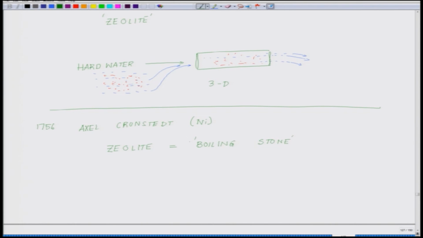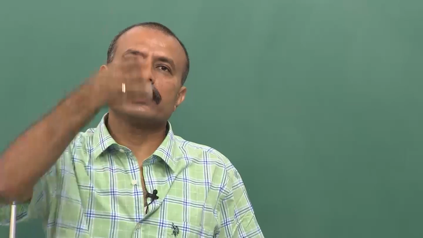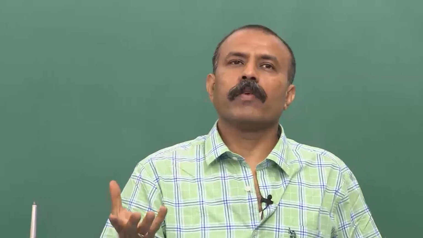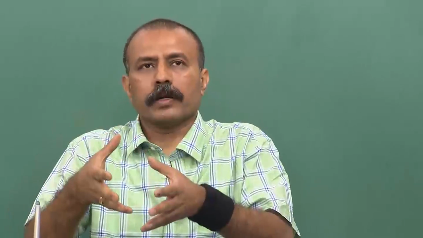What does that mean? Suppose you have water, right? You give heat, you see steam coming out. So, you have rocks instead of water. You give heat, nothing will come out. But you have zeolites, a very unique form of mineral. You give heat, you will see steam coming out. What does that mean?